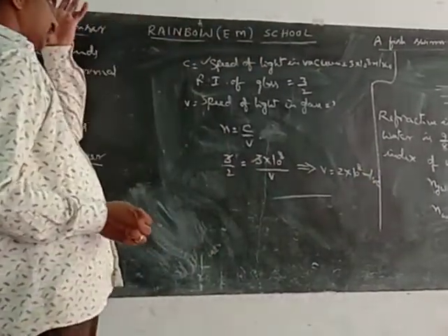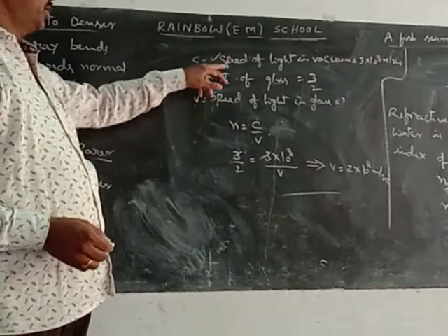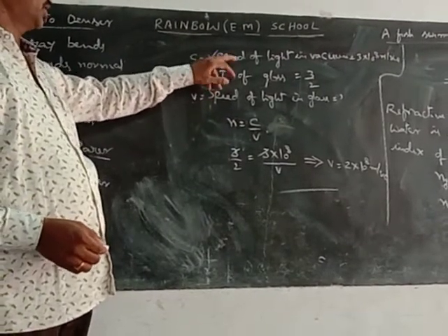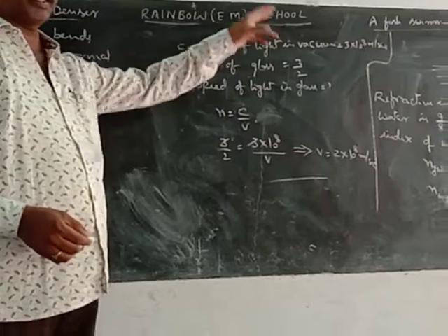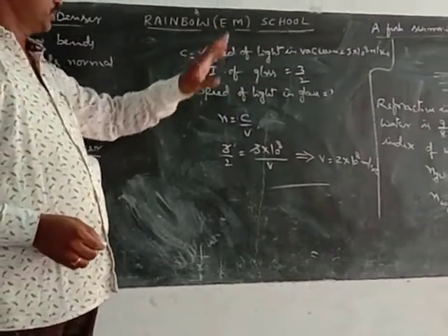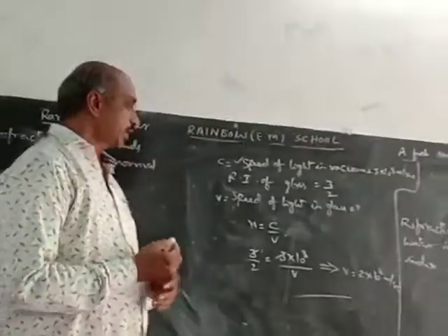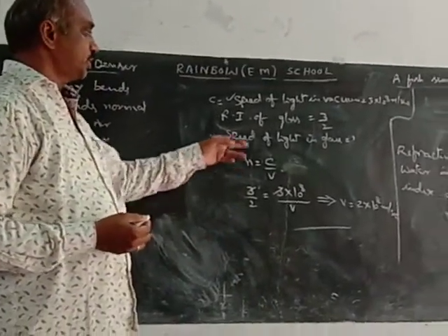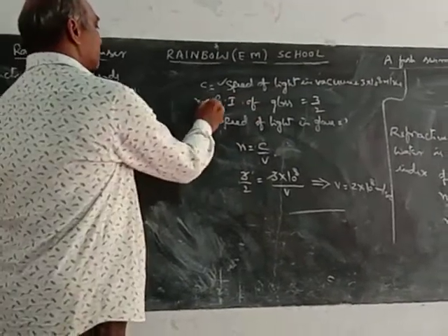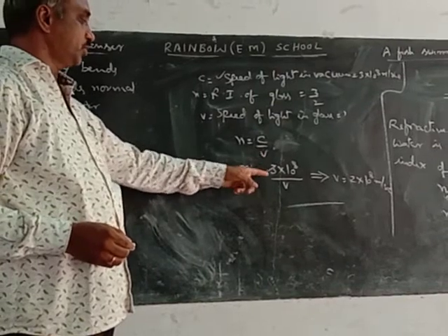That means the speed of light in glass is not given, that is V. The speed of light in vacuum is also not given, but directly you can write C is equal to 3 into 10 power 8. The refractive index of glass is only given, that is 3 by 2. By using this formula n is equal to C by V, directly you can calculate the V value.